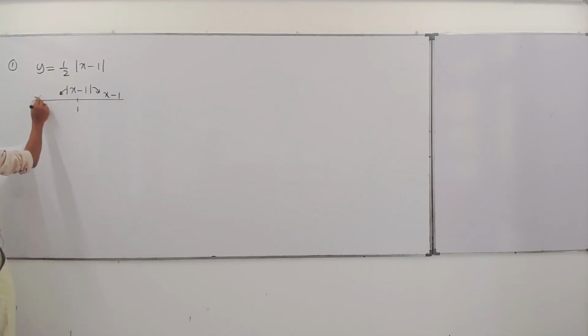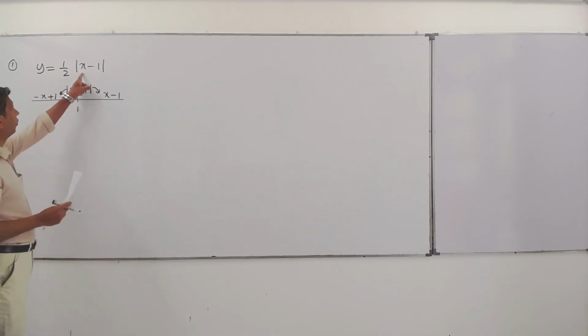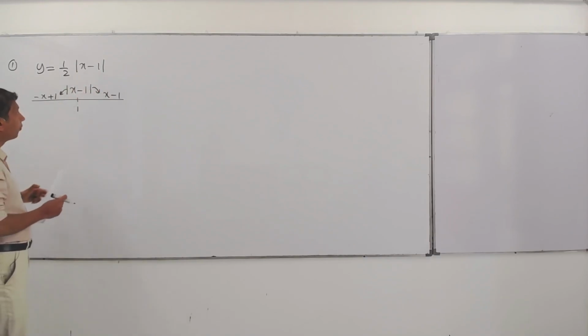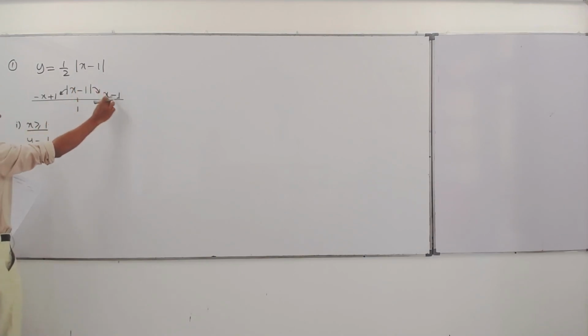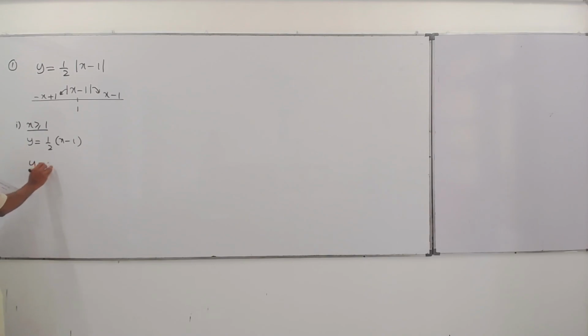On the left of 1, it should be multiplied by minus. Then on the right of 1, this graph is going to be half mod x minus 1, which is x minus 1. This way. Half x minus half.